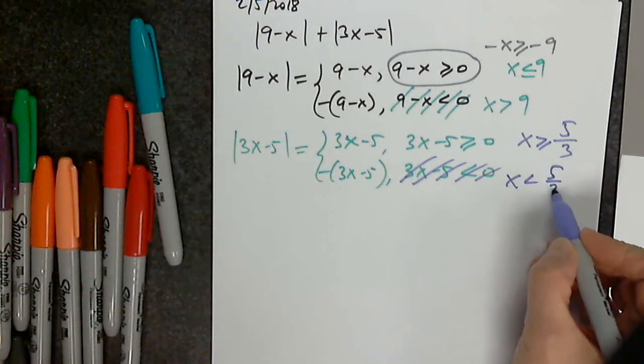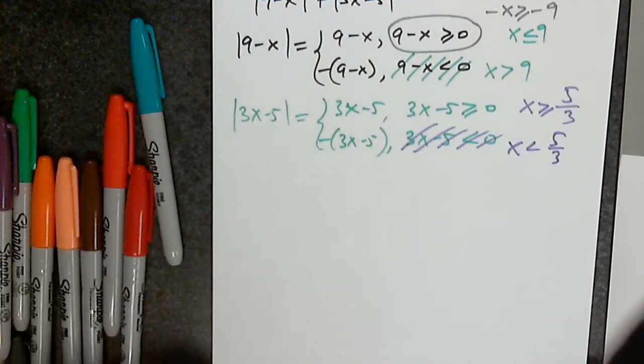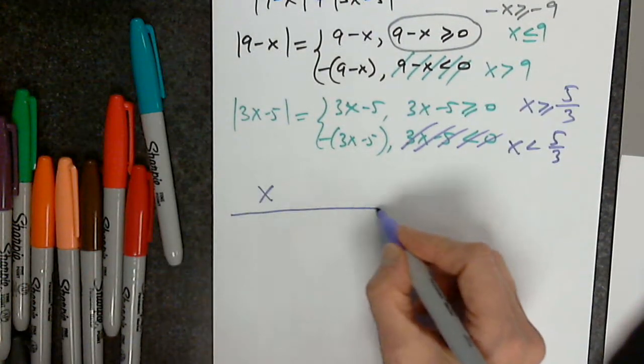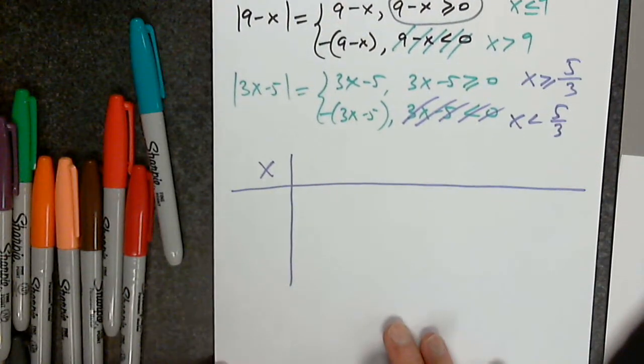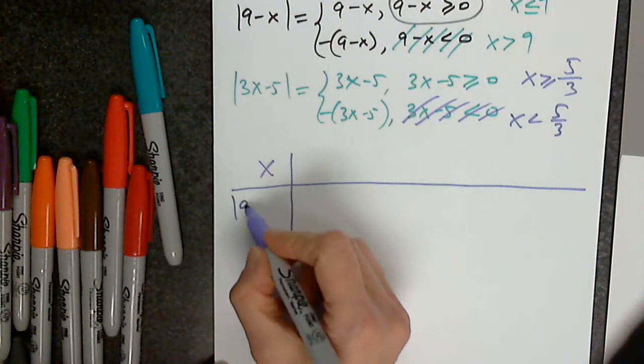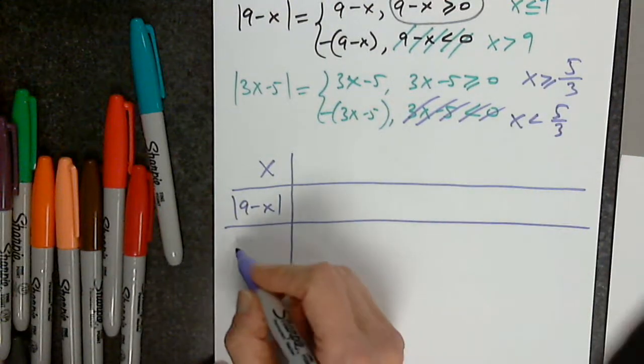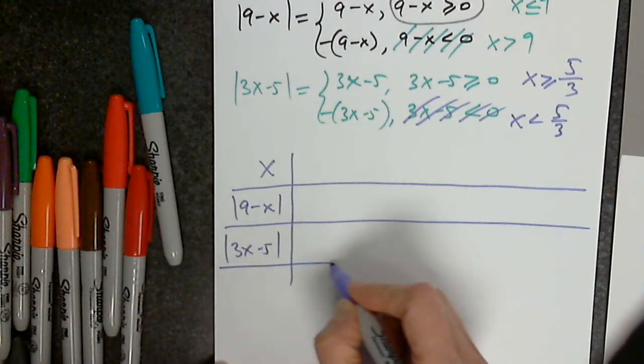I recommend this chart that summarizes all the information. If you have a different method that works, forget about mine. It's fine, I'm okay with that. So the absolute value of 9 minus x, the absolute value of 3x minus 5.